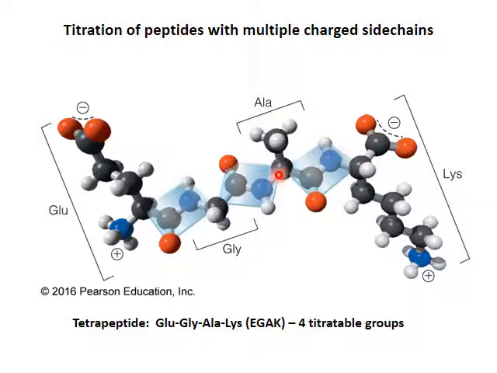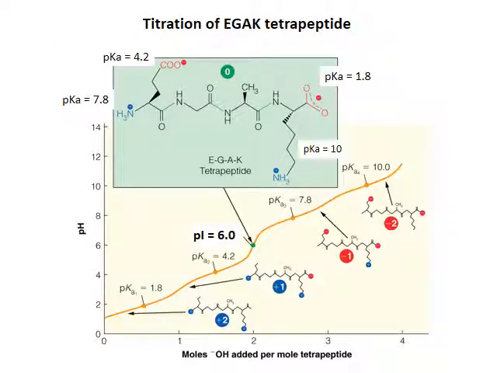So let's consider if we were to take this peptide and do a titration, what would be happening here if we look at this in terms of acid-base chemistry. So if we were to do a titration curve, you'll see something that looks like this.